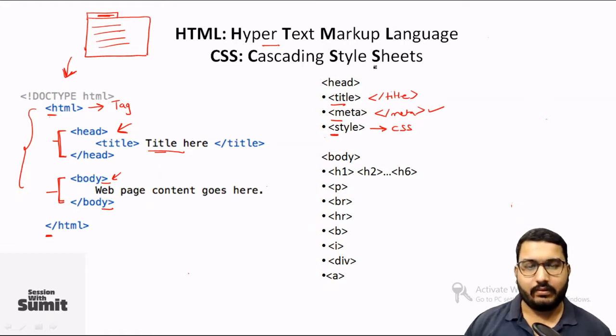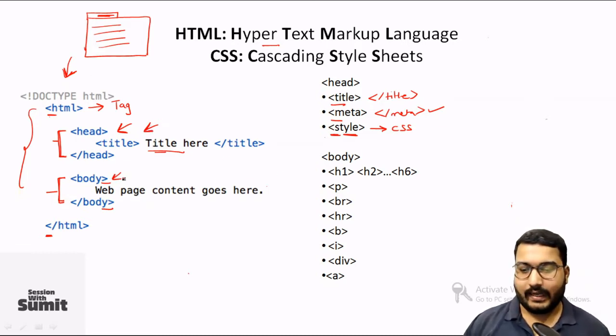I will talk about CSS later, but this style tag is added over here to add the CSS information. CSS basically helps you to add some formatting to your web page. CSS provides some quick methods to beautifully format your web page in an easy way. So all those instructions are added to this style tag, and this style tag is added over here.